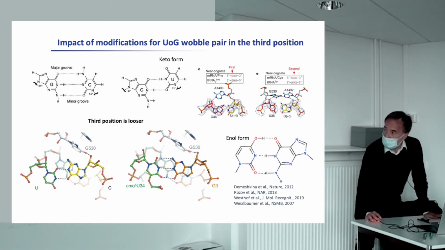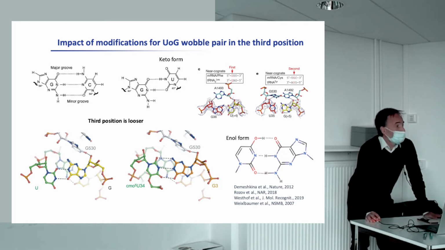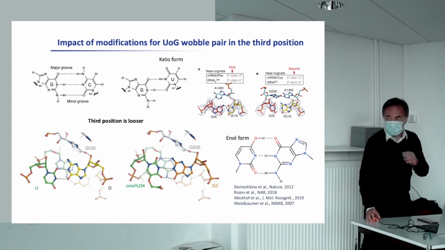So you see here they are not one above the other. Here you have a good stacking. So the result is that when you have a modification and this kind of geometry in the third position, you may have a higher stability of the interaction.